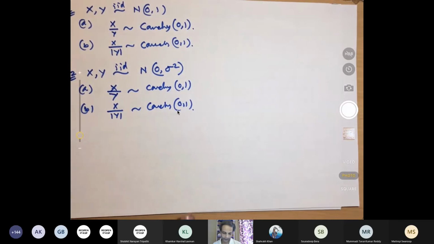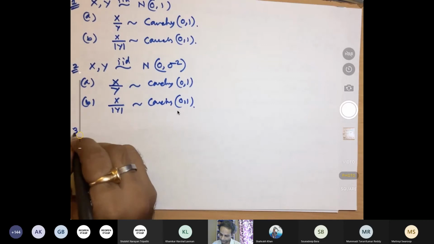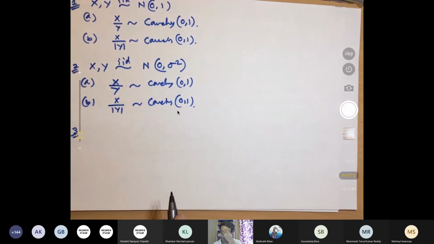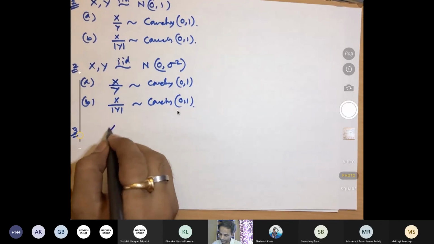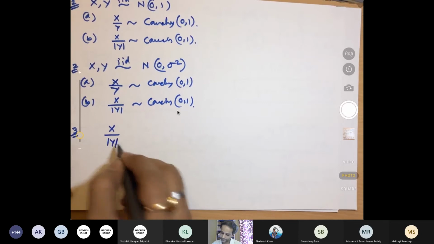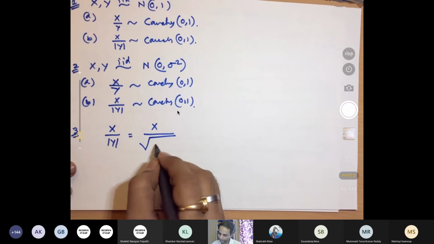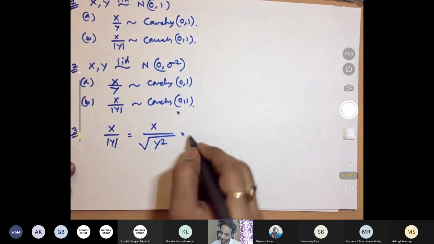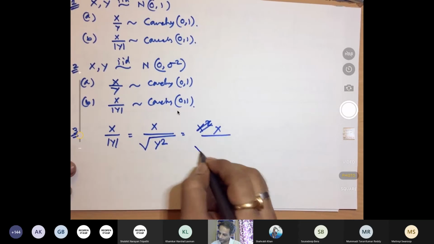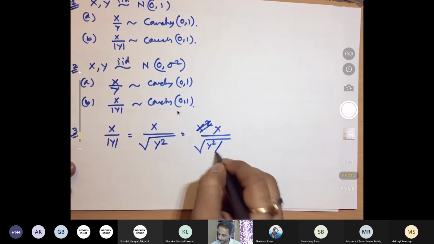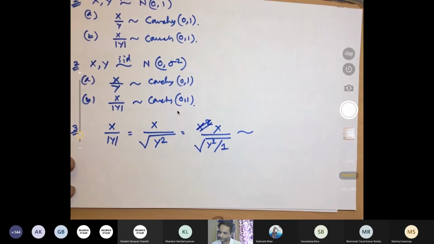Okay. Now the third property that we can say here: x by mod y, which is nothing but x by square root of y square divided by 1, and from the definition what does it follow?